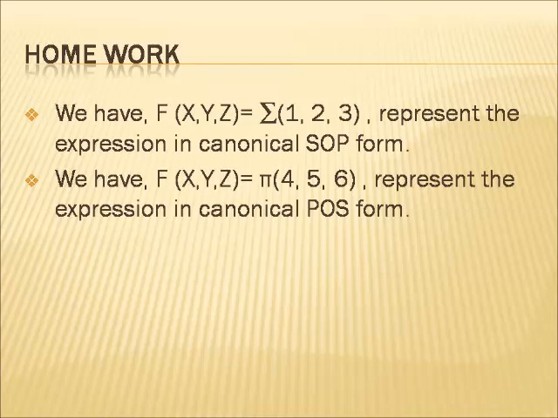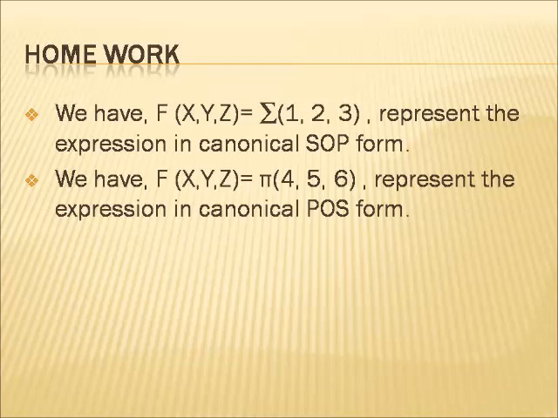Okay, here I have a homework for you, right? I'm giving you two expressions. F of x, y, z is equal to summation of 1, 2, 3. You can see that it is already in the canonical form. You have to convert that into canonical SOP form, right?